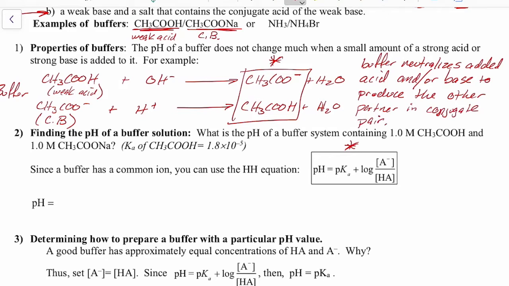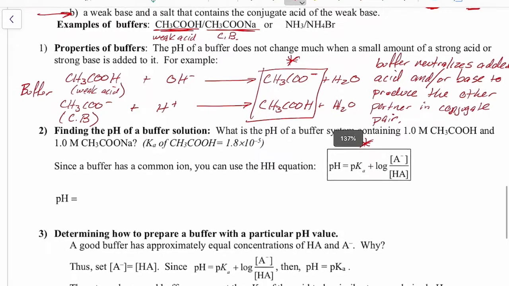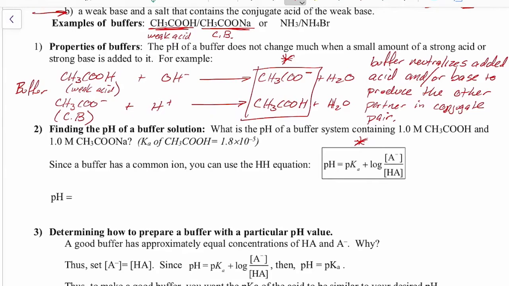What I mean by the other partner is if you add base, the acid will turn into its conjugate base. If you add acid, the conjugate base will turn back into the conjugate acid. So you wind up just going back and forth so that you can keep the pH relatively constant.